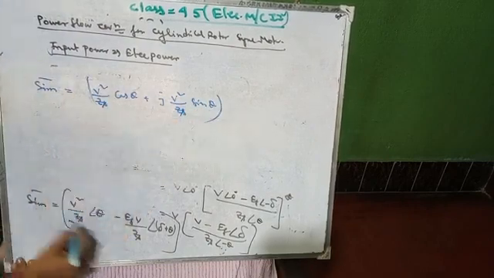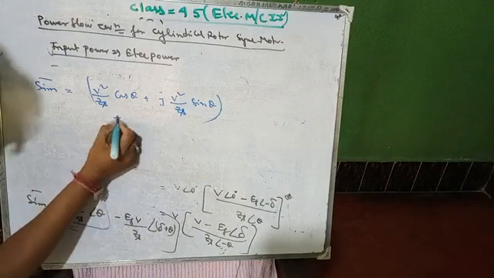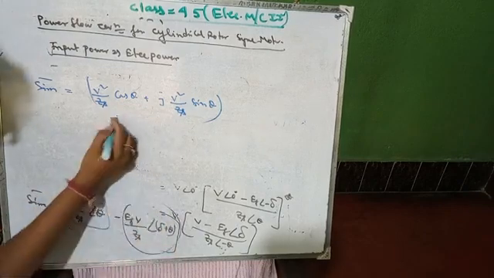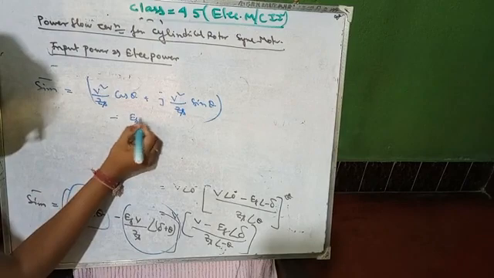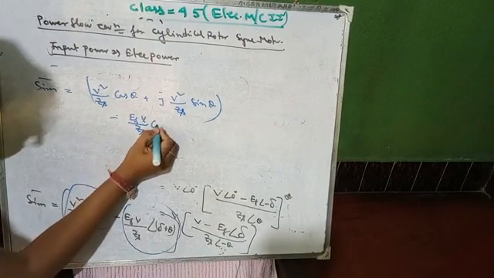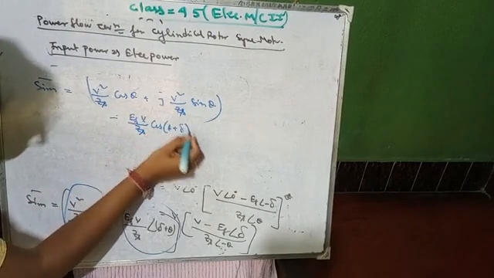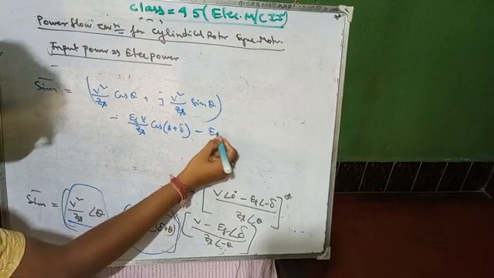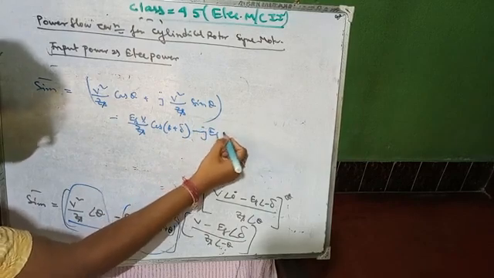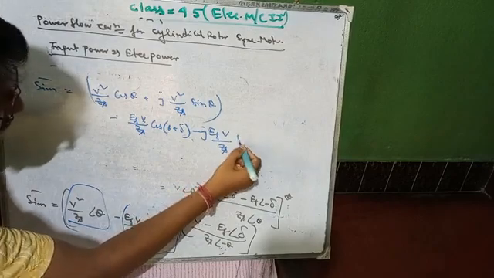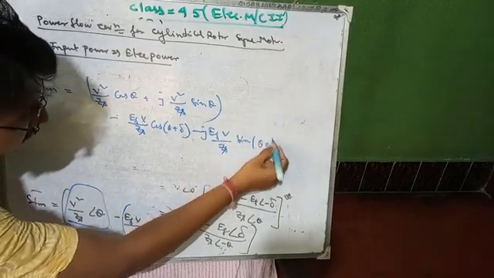If we segregate it, actually it will be minus EF V by ZS cos of theta plus del, and minus j EF V by ZS sin of theta plus del, right?